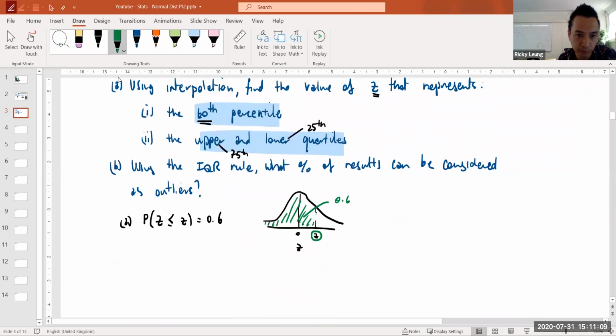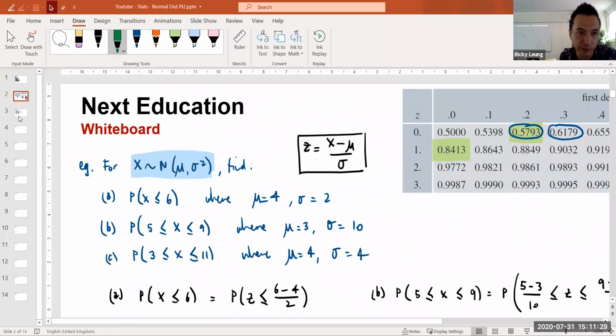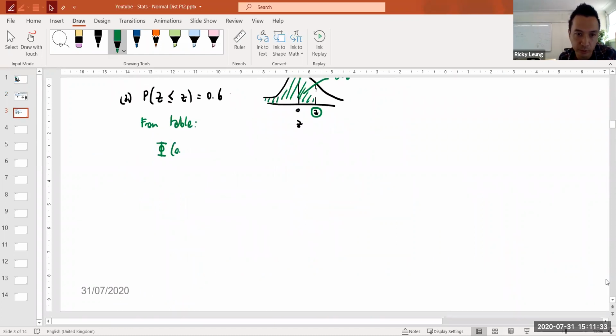From the table, using the new notation, I can see that if I look at 0.2, it's 0.5793. So 0.2 is equal to 0.5793.